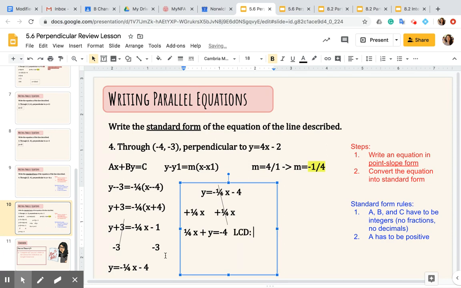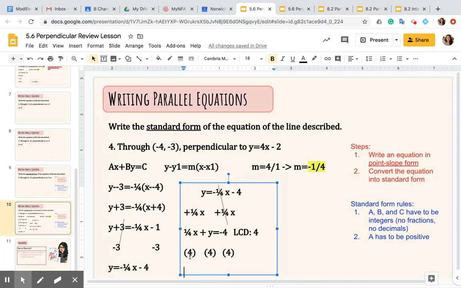So my LCD, I'm just going to look at all of my fractions. Well, I only see one, so my LCD is going to be the denominator of that fraction. So if I do times 4 to all of these terms, so times 4, times 4, times 4, then that should give me my final answer.